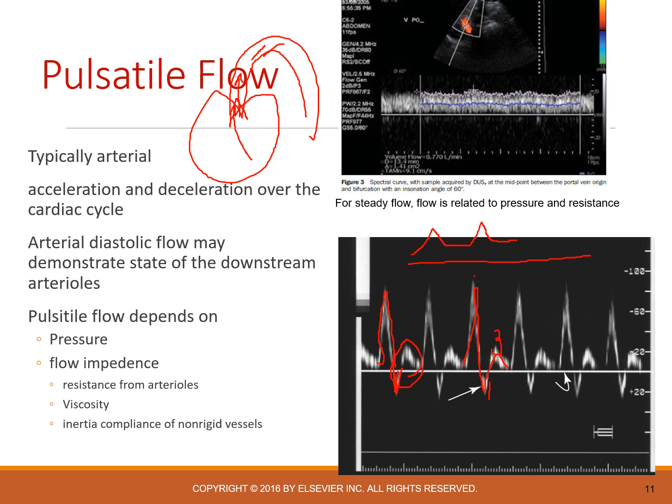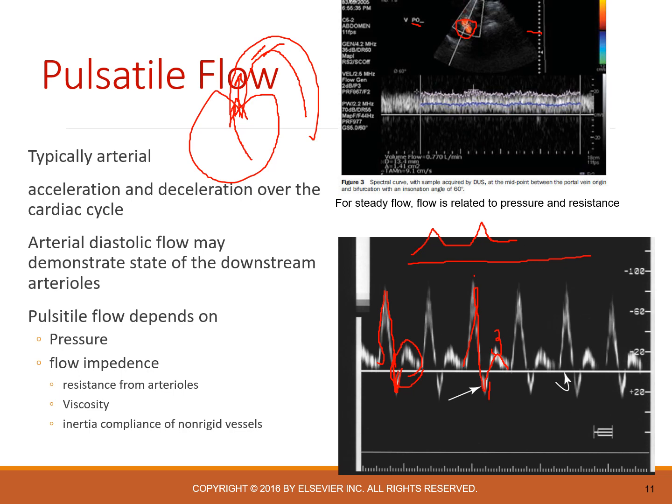Okay, so when I'm looking at a waveform in the vascular system, either arterial or venous, I'm looking for what's happening at the site exactly where I have my sample set, but I'm also looking at indicators of what's happening before blood gets to that sample and what's happening after. A lot of what I see in my waveform can help me determine that.